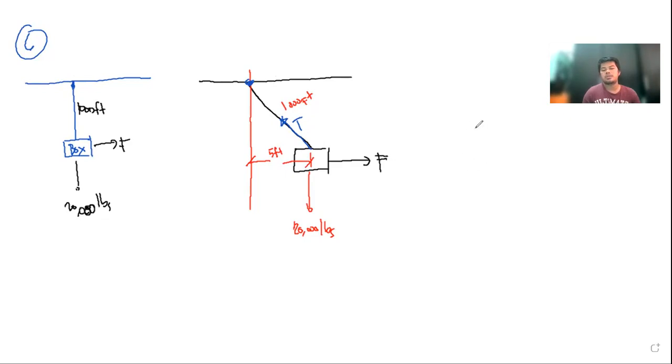So therefore, if we draw the free body diagram, we have there the force F, the weight of the box, and of course the tension. So how do we calculate the force F?